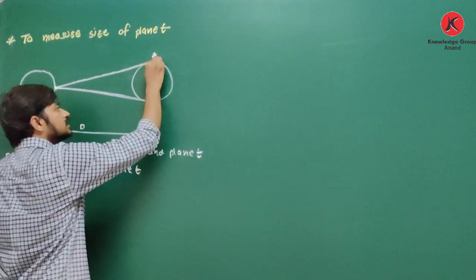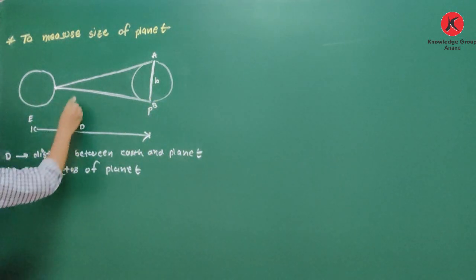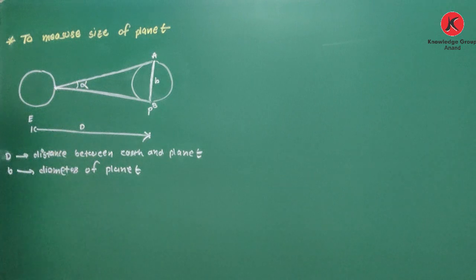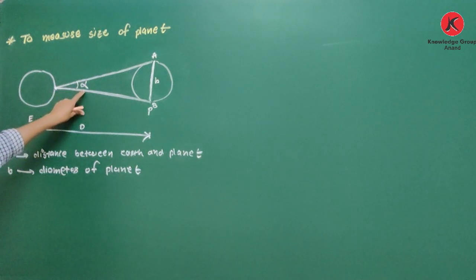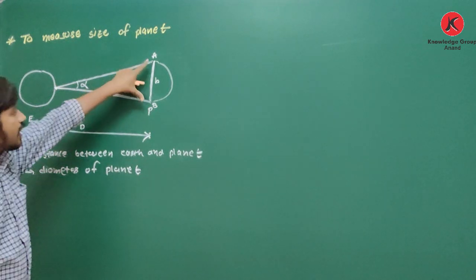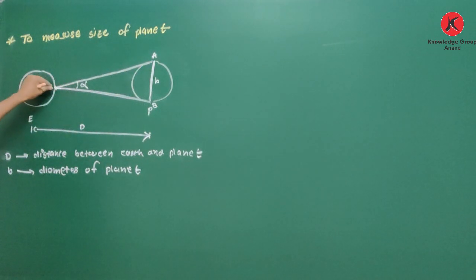See again, this diameter of the planet subtends some angle alpha at Earth. What is alpha?